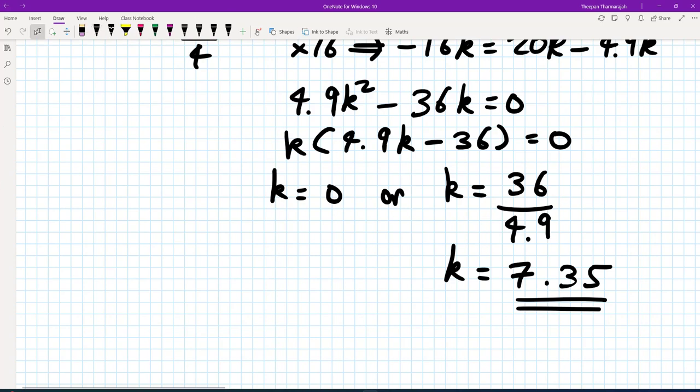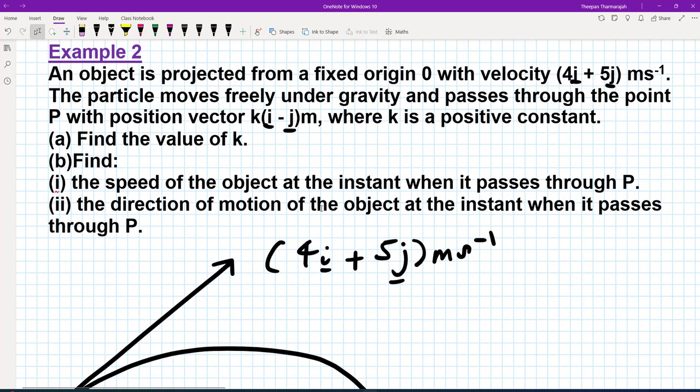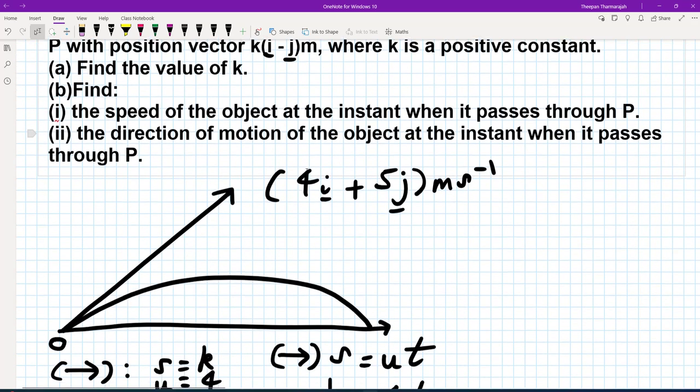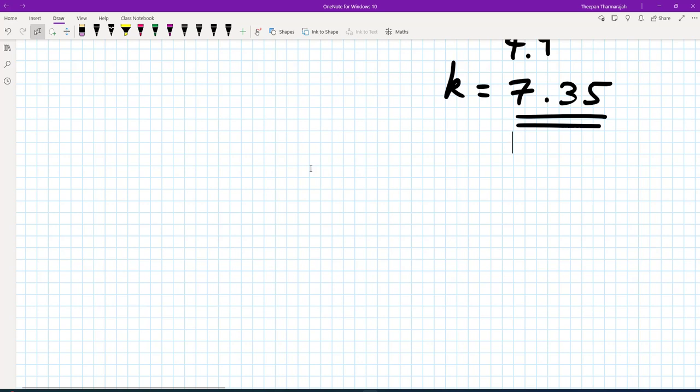Now, the next part of the question states, find the speed of the object at the instant it passes through P. So again, like the previous example we did, we're going to have to find the vertical and the horizontal components of the velocity. Horizontally, it remains fixed. We just need to find the vertical component.